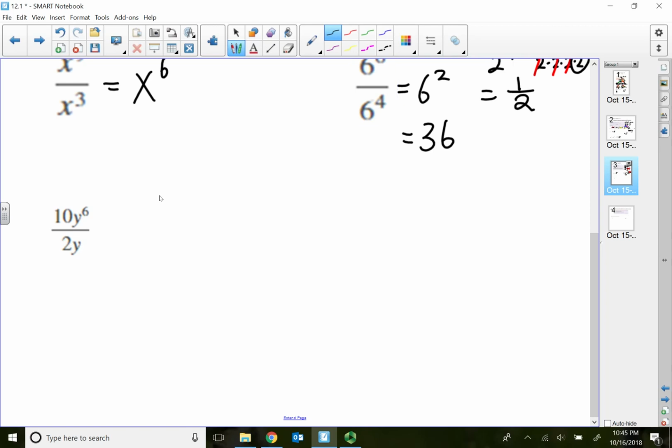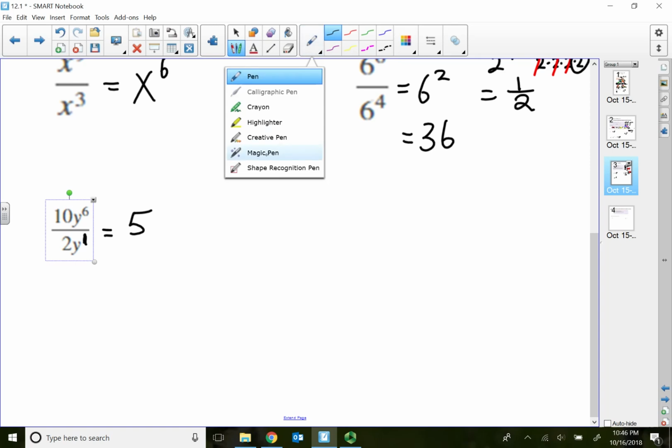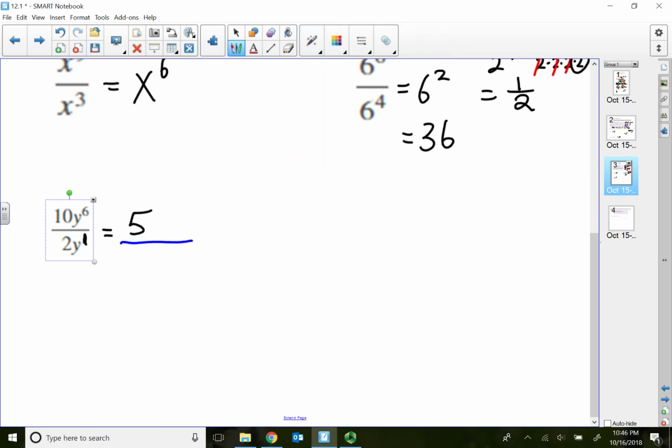Let's take a look. It is very important that you see this problem correctly. This exponent 6 is only on top of the y. The y down here, if you don't see an exponent, is automatically assumed to be 1. The numerical value is 10 divided by 2, which is 5. That 5 goes on the top, because we can write 5 as 5 over 1.